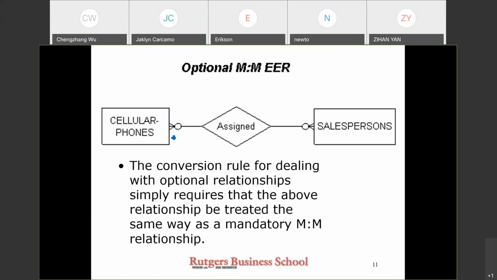And similarly, for optional many-to-many, we can regard these two parts as many. There has been a many crow's foot here on the salesperson side, and there has been a crow's foot on the cellular phone's table. So we convert this ER diagram following the rules of mandatory many-to-many.